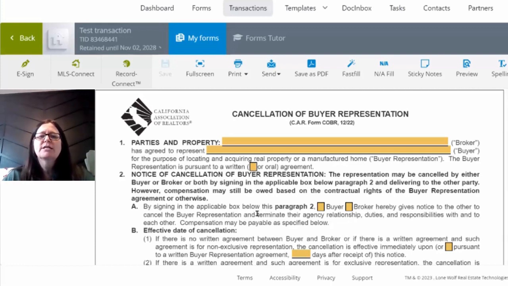Okay, so this is a notice of cancellation of buyer representation, and it can be canceled by either the buyer or the broker or by both. So it can be one-sided or it can be mutual. And that depends on what box you sign down below.